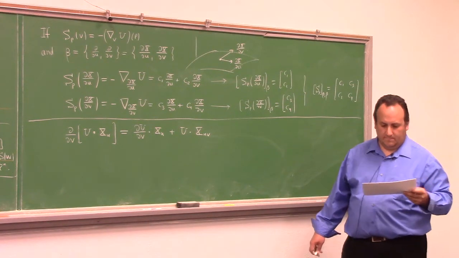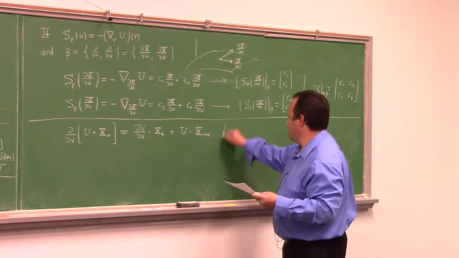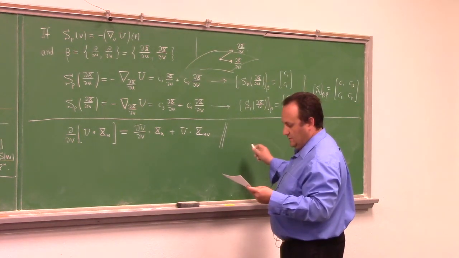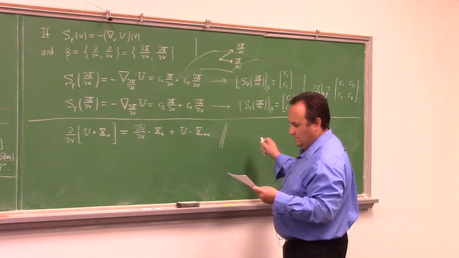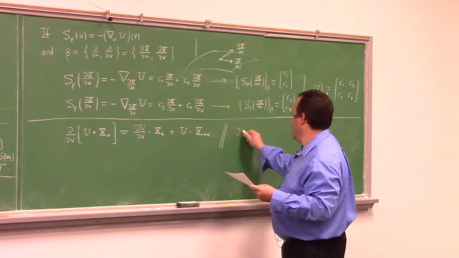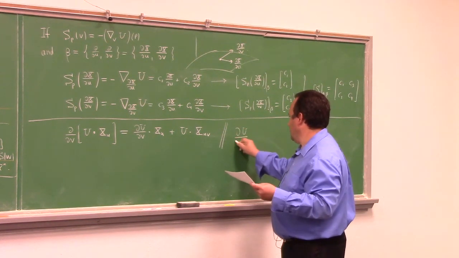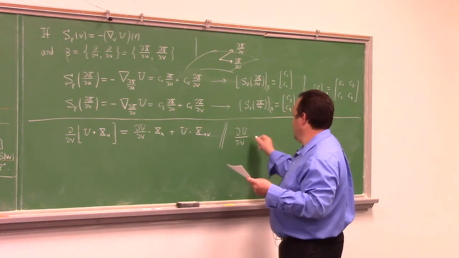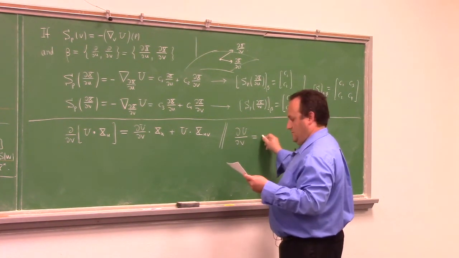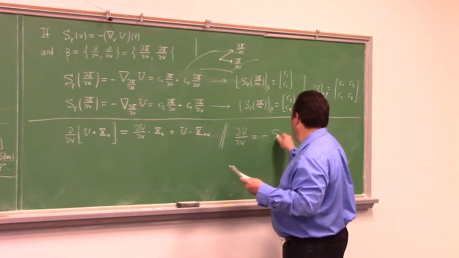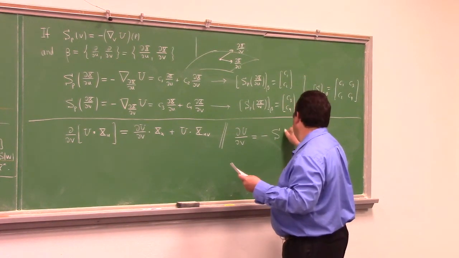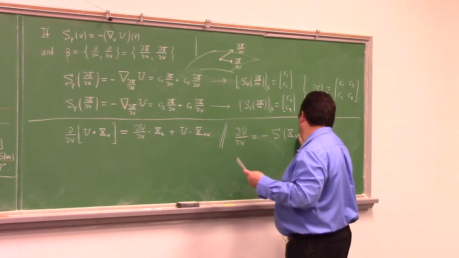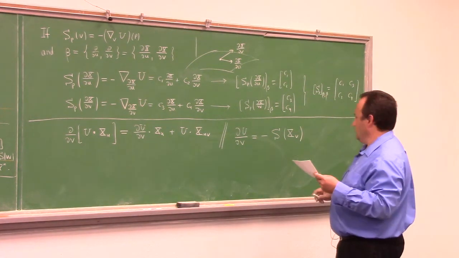You guys tell me. The next formula I have here is that partial u partial v, I think that's equal to minus the shape operator acting on xv. Does that make sense?